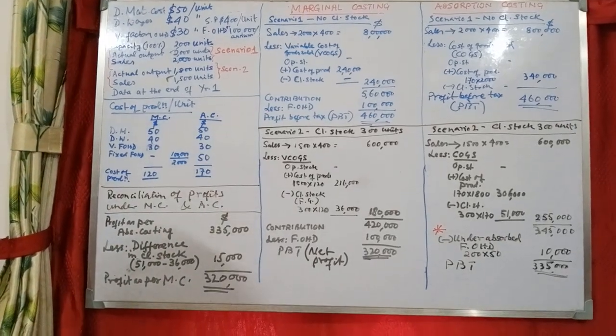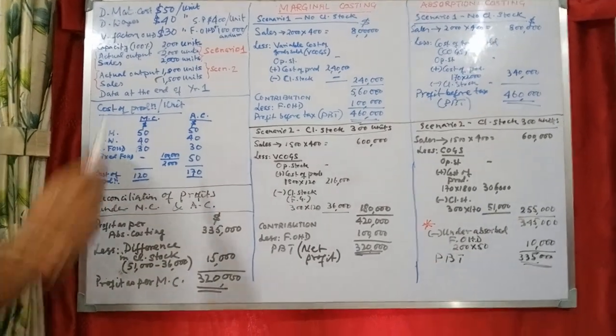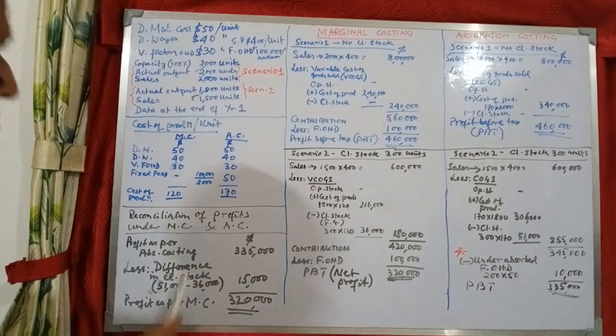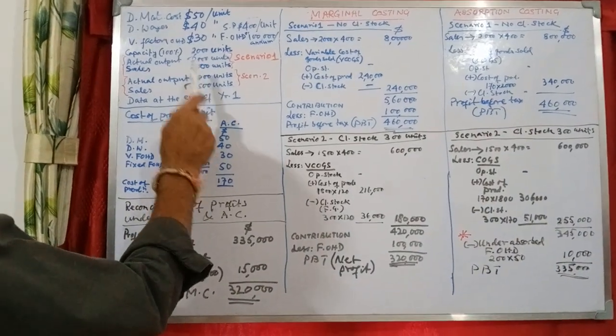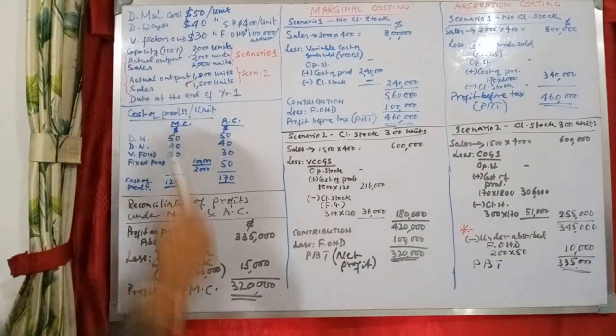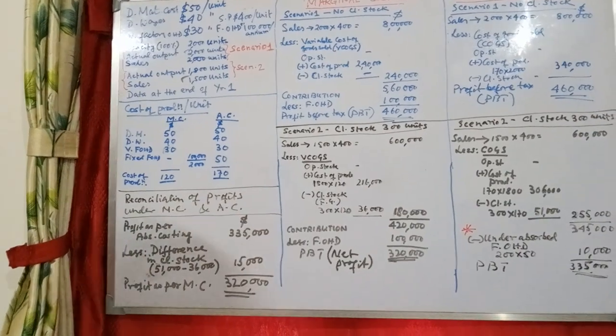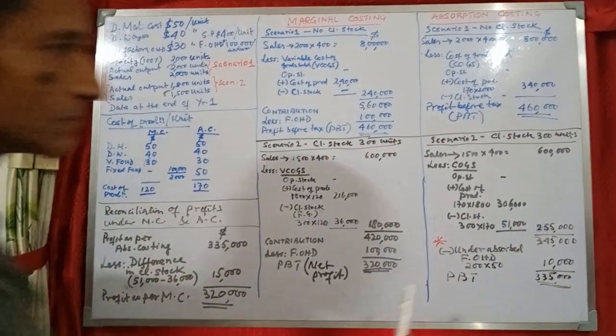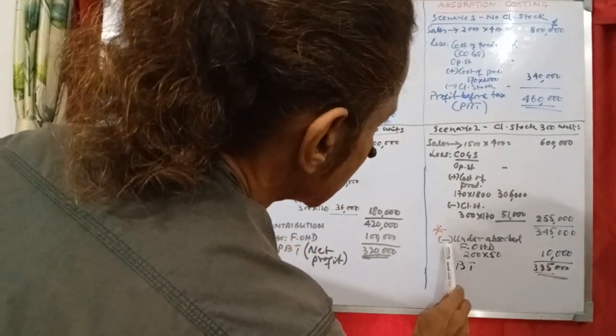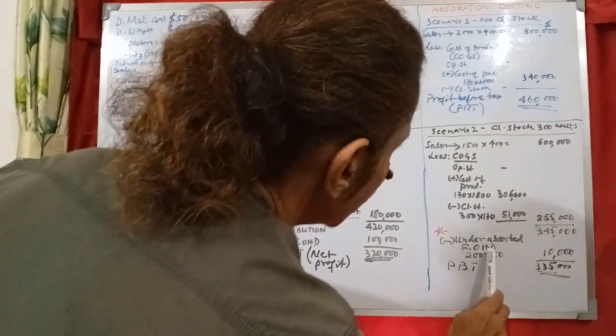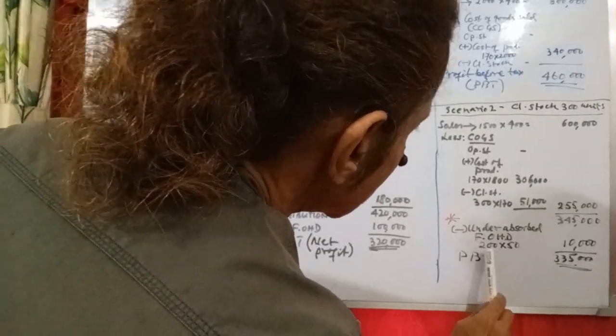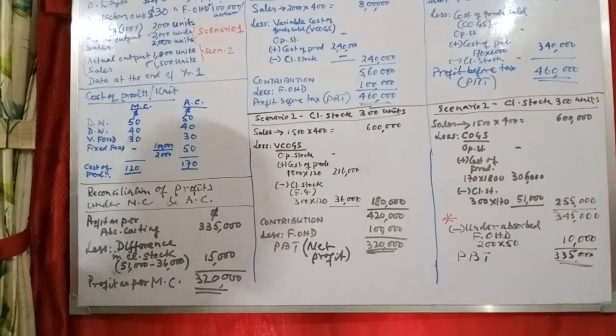But the firm has actually produced 1800 units, that is 200 units less than 100% capacity.